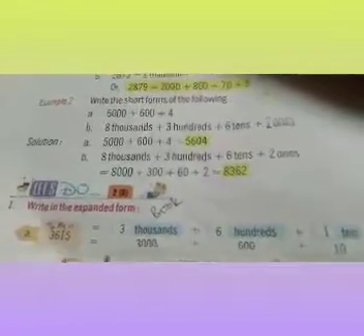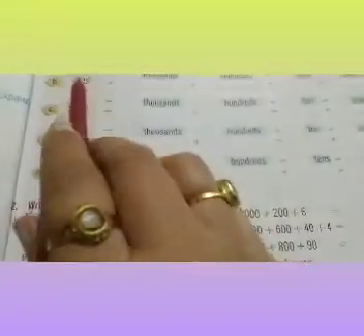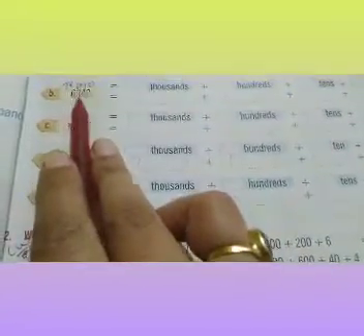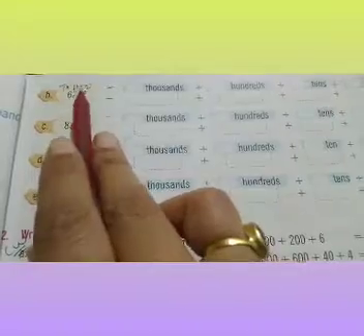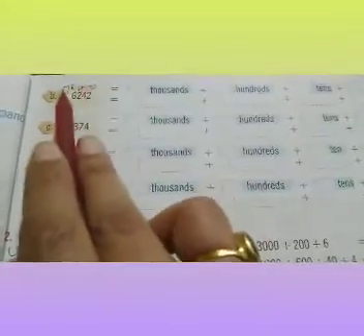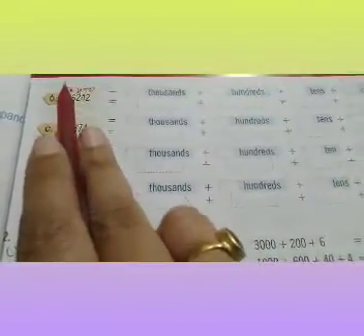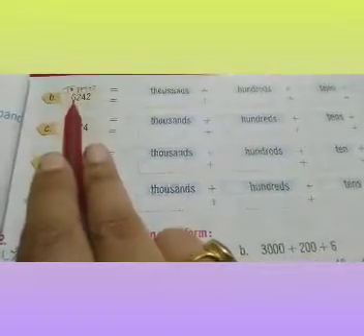Now we have to do the B part. The B part is 6242. So we will write ones, tens, hundred and thousand. Okay. 2 is at the ones place, 4 is at the tens place, 2 is at the hundred place, 6 is at the thousand place. So starting from the left hand side, we write 6000.